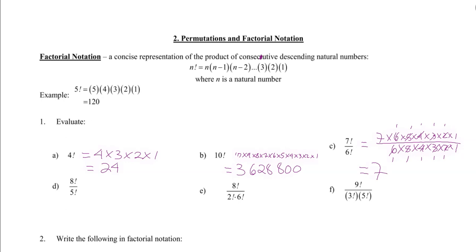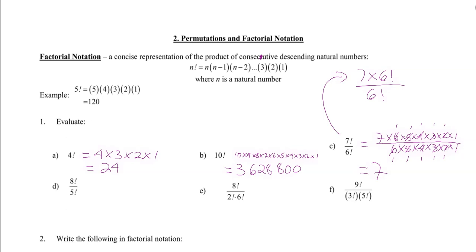It's just 7, right? So the idea being, this 7 factorial means something, and this 6 factorial means something. And if we expand it out, then we can see 7 times 6 times 5 times. Now, there's actually another way to think of that too. If I'm going to write out 7 factorial, I'm going to go 7 times 6 times 5 times 4 times 3 times 2 times 1.